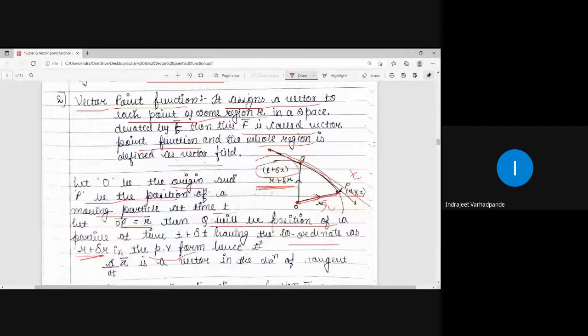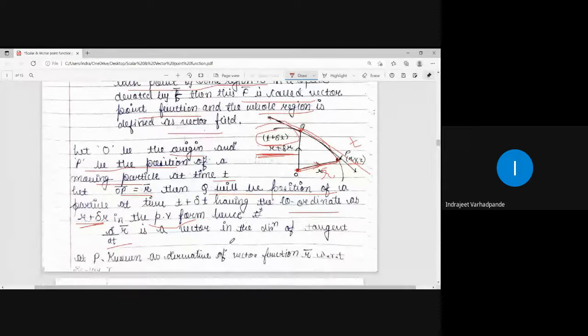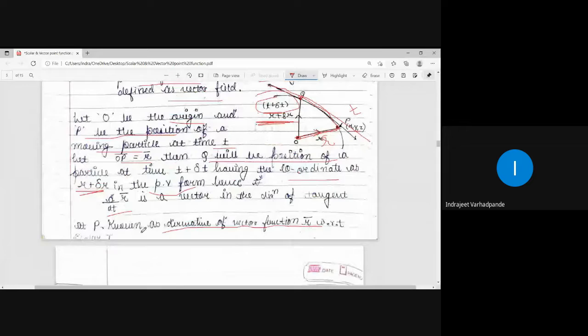So dr bar by dt is a vector in the direction of the tangent at P, known as the derivative of vector function r bar with respect to the scalar t. Got this point? So dr bar by dt will be nothing but the vector in the direction of the tangent at P, which is called the derivative of this position vector function r bar with respect to t.